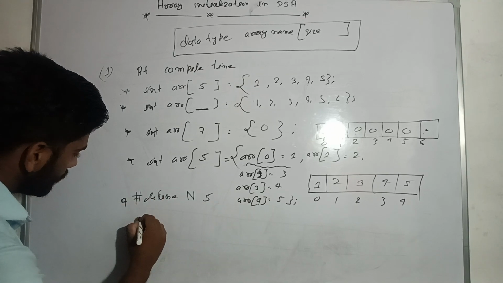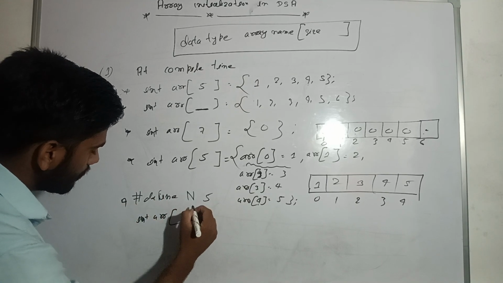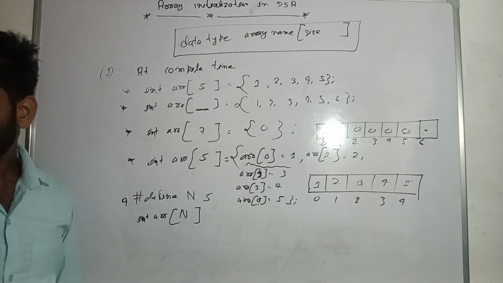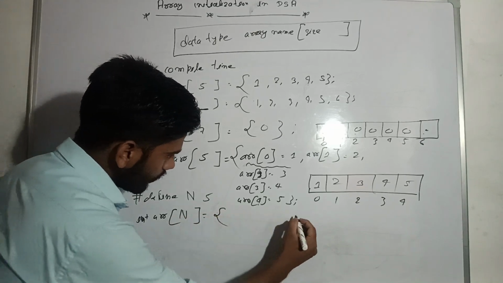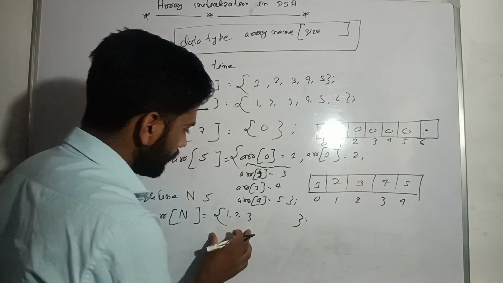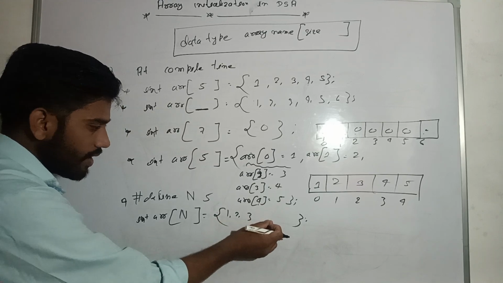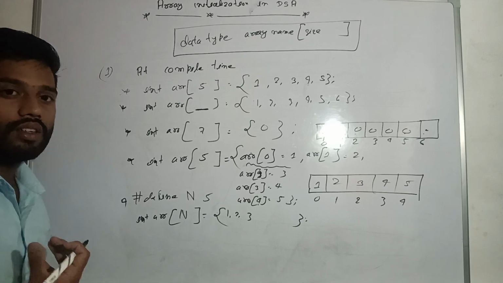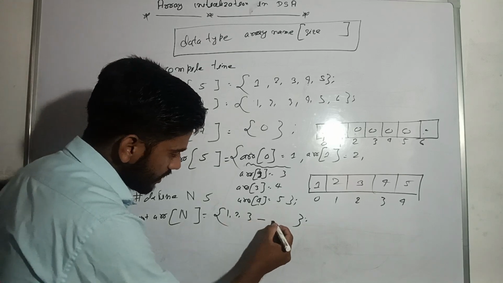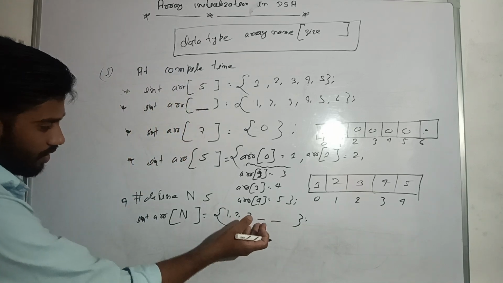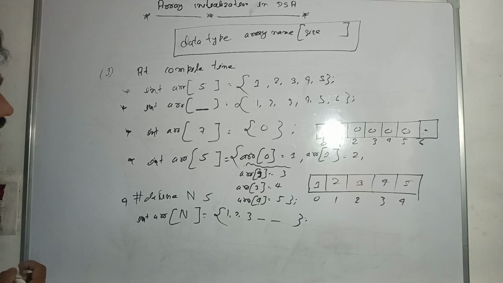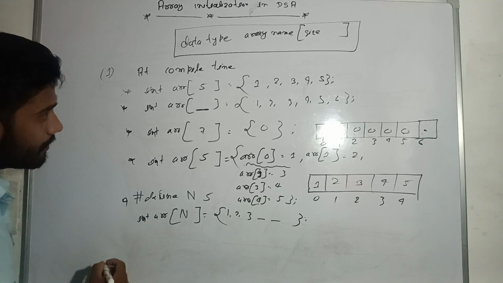Here we can take the array, and the size should be N. Now we give 1 2 3, so we have taken 3 values, and all the remaining values will be garbage values. The compiler automatically assumes that the remaining values are garbage.